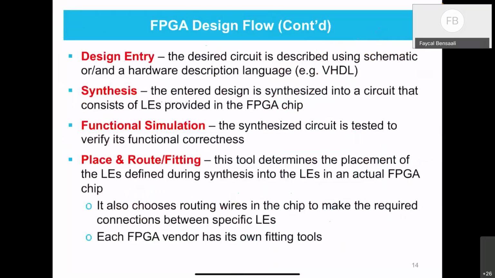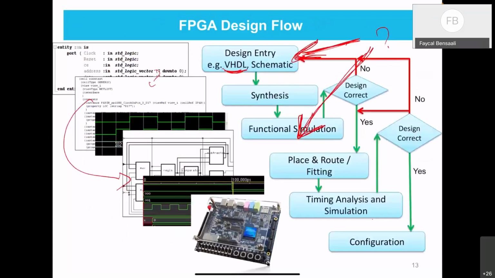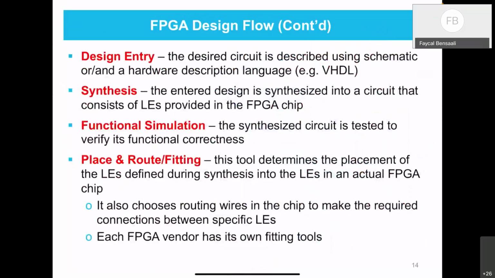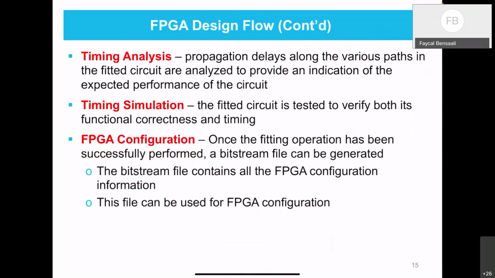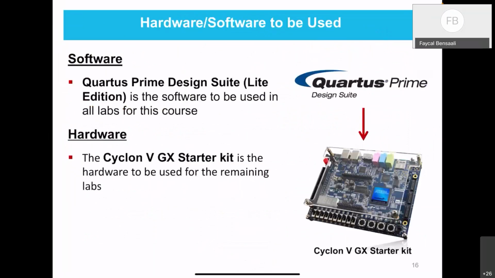This is what I was explaining. We have the explanations here in text for you to read. In the lab, the software tool that comes with this FPGA is the Quartus tool, and they have the Lite edition, which is a free edition that we can use. It's enough for us for this course.